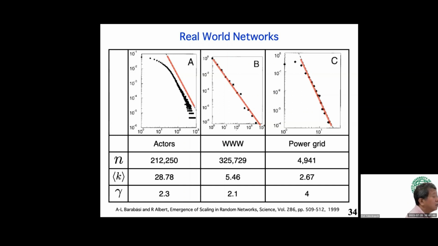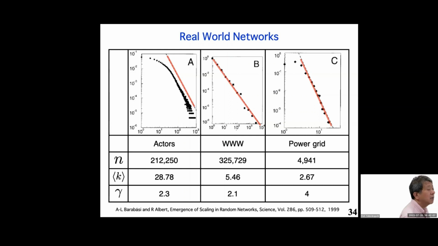The result of obtaining the slopes of the corresponding linear part is shown in the table. The values of gamma are 2.3, 2.1, and 4 respectively.